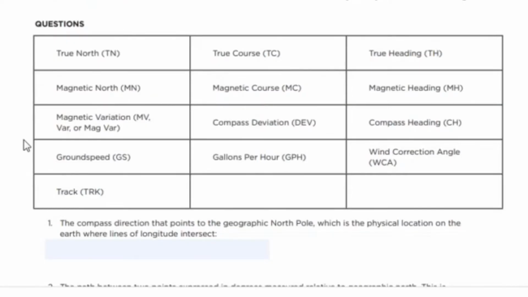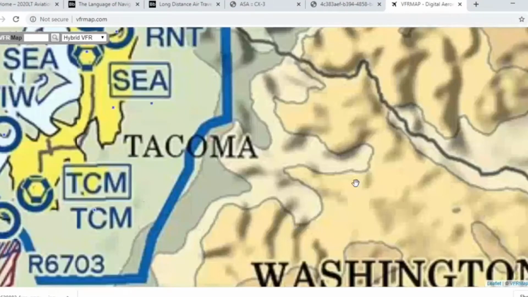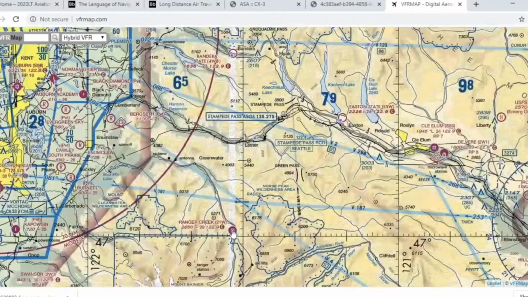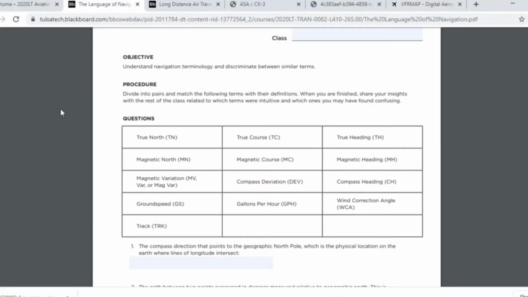Like, when you measure the direction on a sectional chart, say you wanted to measure from one airport to another, and you laid your plotter on this chart from this airport over to this airport, and you measure that direction using your plotter, what would we call that direction? True course. Yeah, it's a true course, that's what I was looking for. The reason it's true is because this chart is oriented, we said, towards true north.